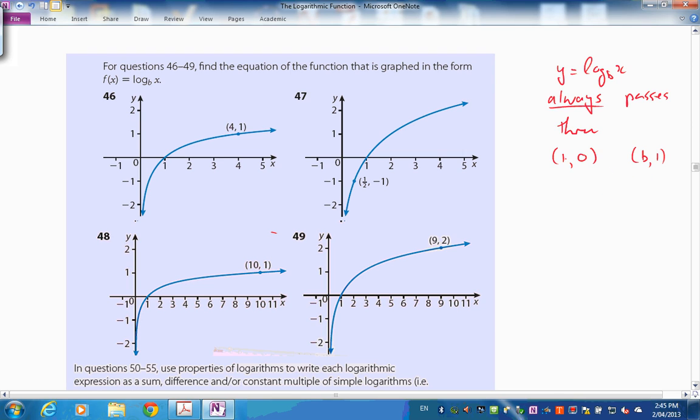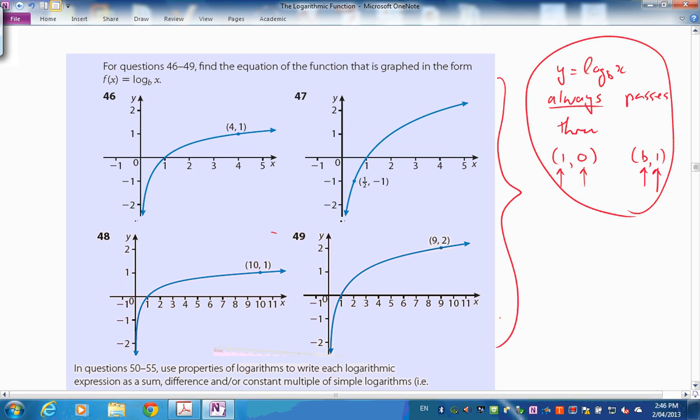Because just remember, the log of 1 is always 0, right? The log of 1 will always be the power you raise b to, and b to the 0 is 1. Okay, so remember these points. The log to the base b of b is just the power of b, which is just 1. So there's a couple of important points to help you work out the formula of these functions here.